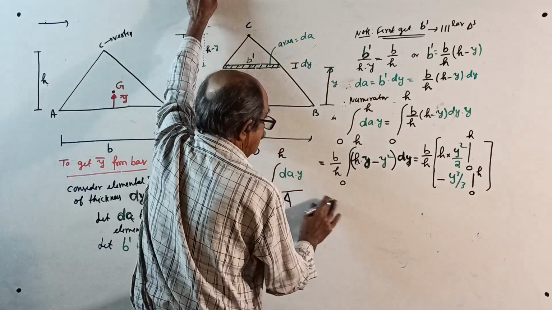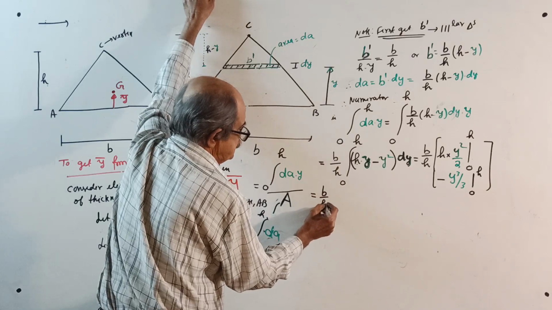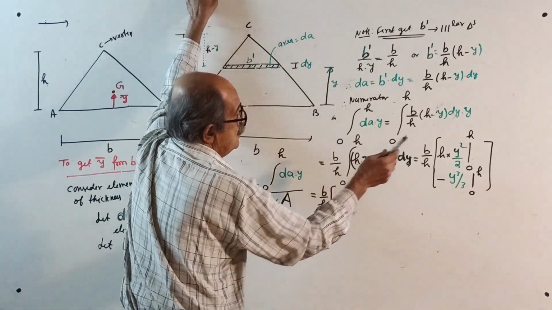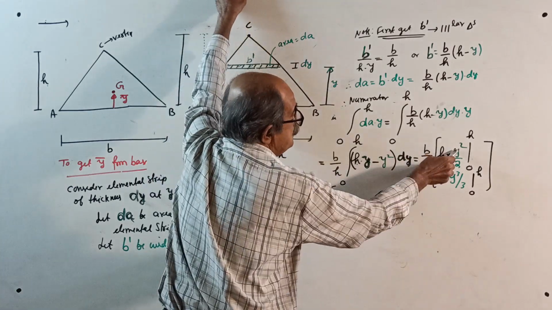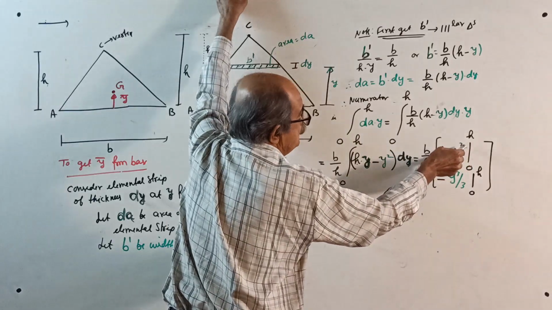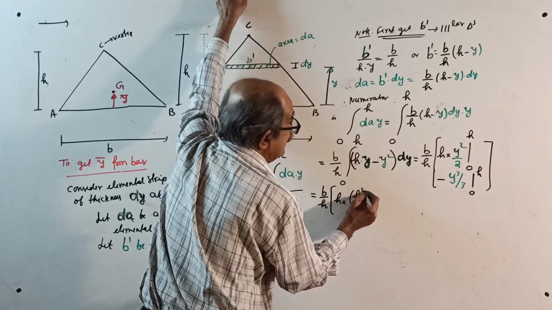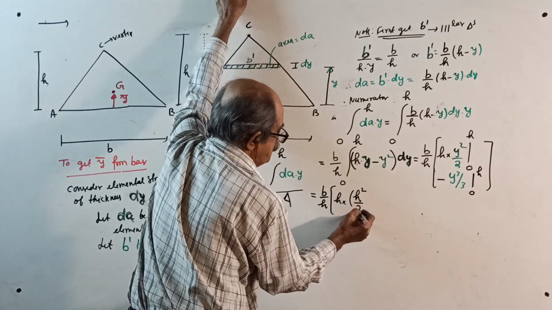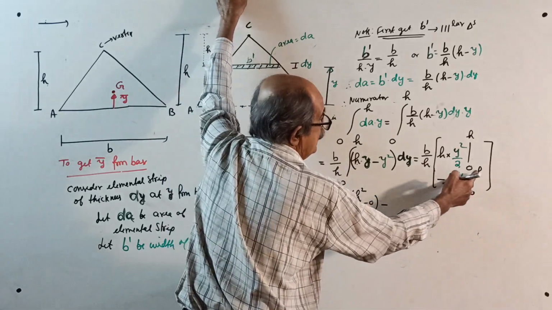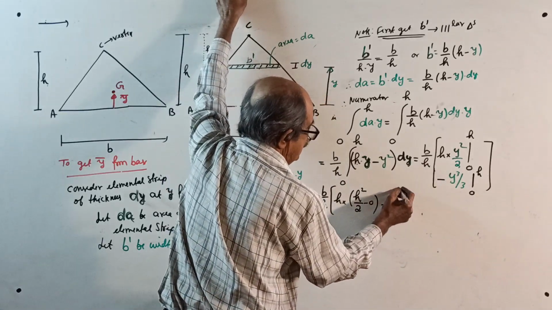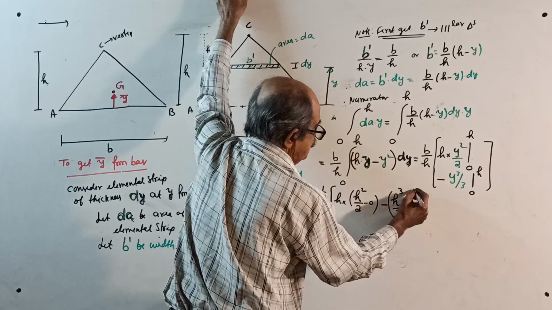Or equal to b by h of h into y square by 2, from 0 to h, is the bracket h square by 2 minus 0, lower limit, minus y cube by 3 is h cube by 3 minus 0.